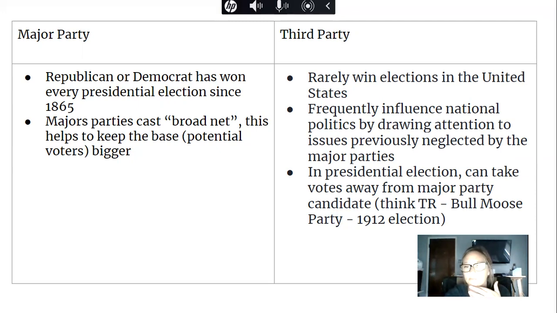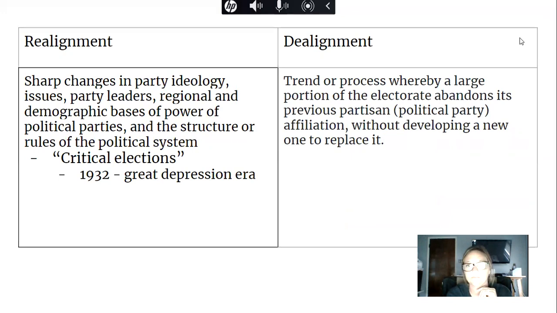So he creates the Bull Moose Party. And what that ends up doing is it's Taft, Roosevelt, and Woodrow Wilson running in the election. Roosevelt ends up pulling votes from Taft, the Republican candidate, and Woodrow Wilson, the Democrat, ends up winning. And so really that's what third party candidates end up doing, just pulling votes from the other two major parties.